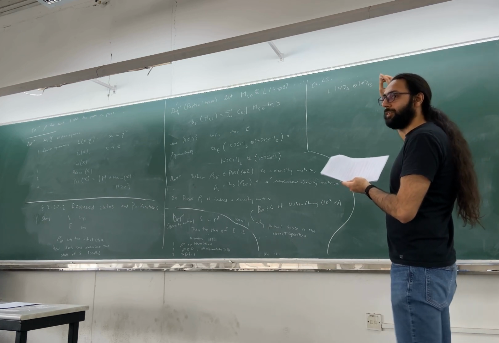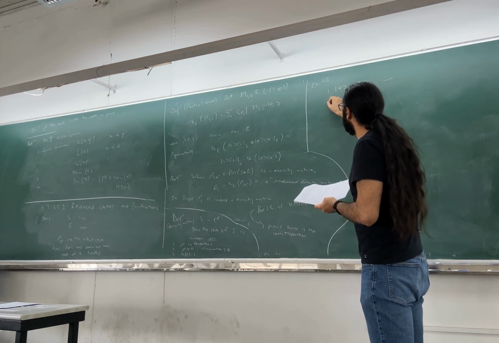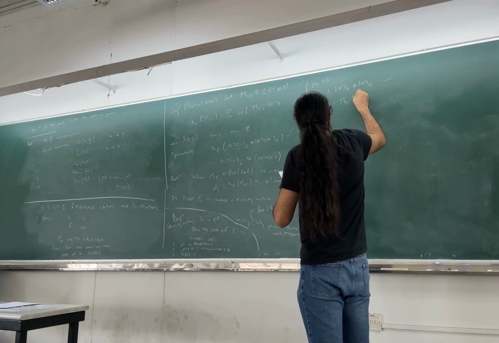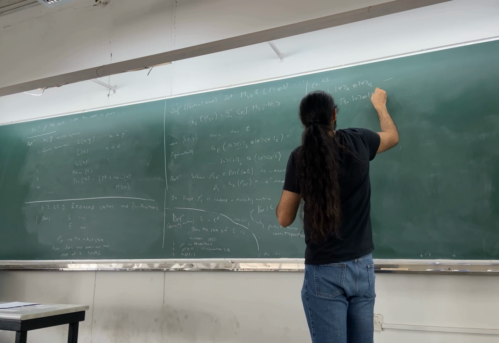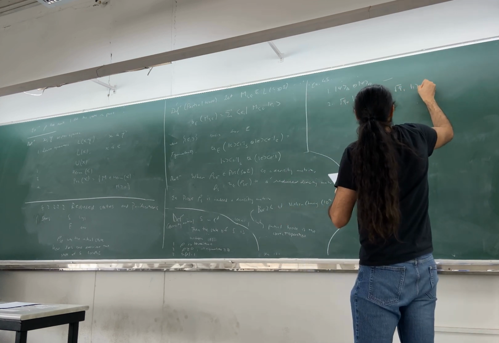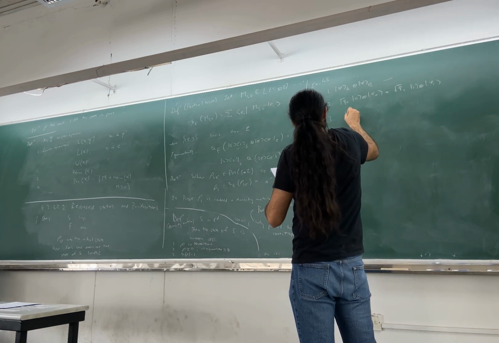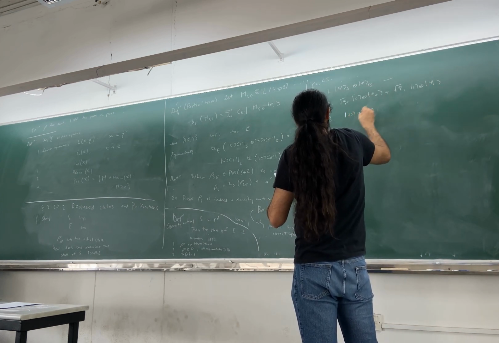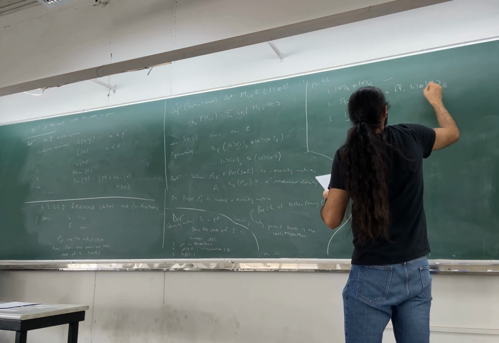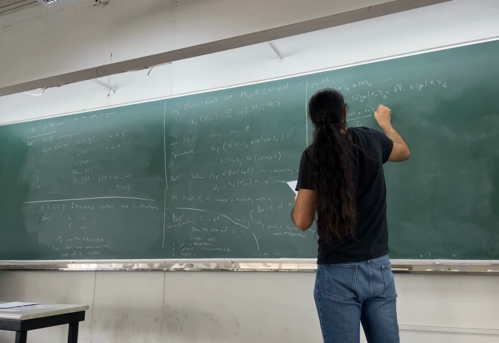It's completely trivial, I know. The second one is p0 |0><0| psi 0, plus p1 |1><1| psi 1. Third is (|00> + |11>)/root 2, on AB.